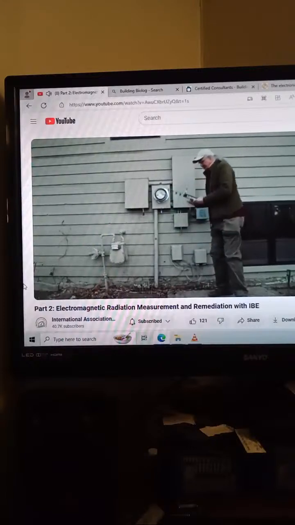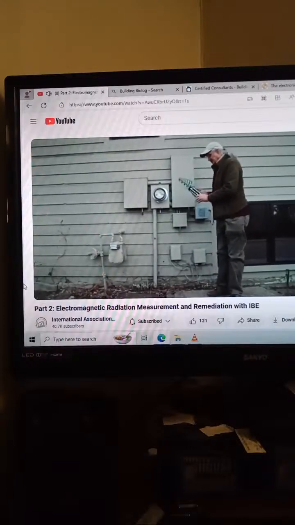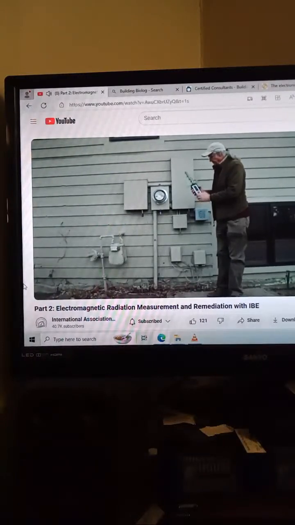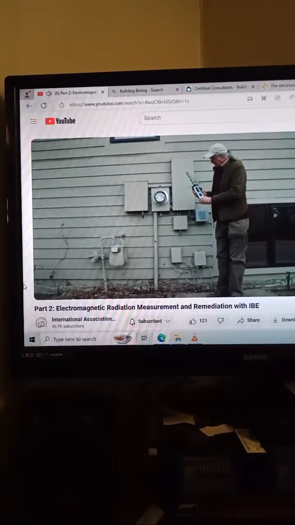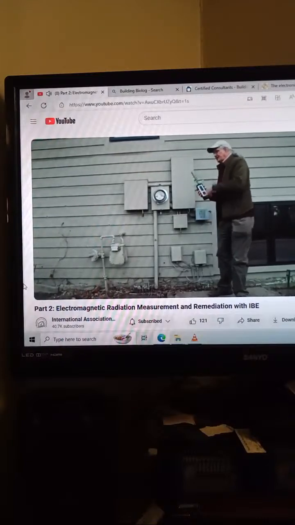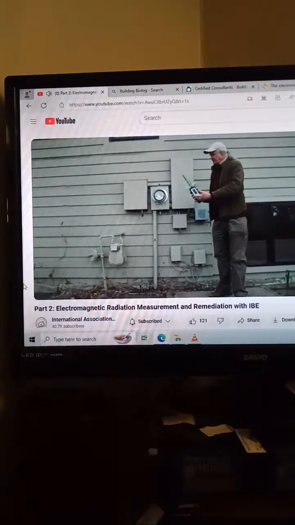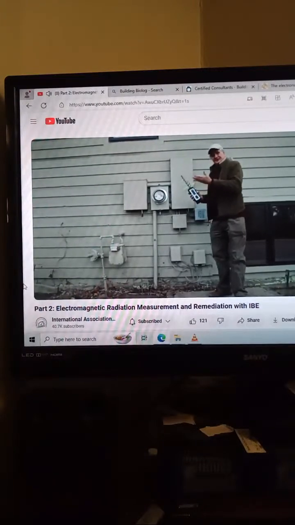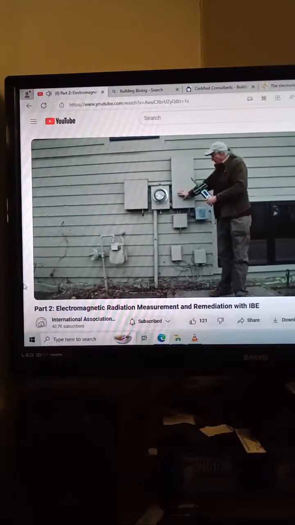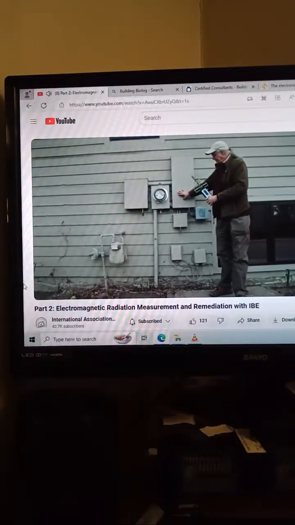The second thing we want to look at is radio frequency EMFs. This is a Gigahertz Solutions HF59B, HF for high frequency, because we're measuring frequencies here that are in the millions and billions of cycles per second, which is megahertz and gigahertz, as opposed to 60 cycles per second, which is the frequency for magnetic fields and electric fields in house wiring.